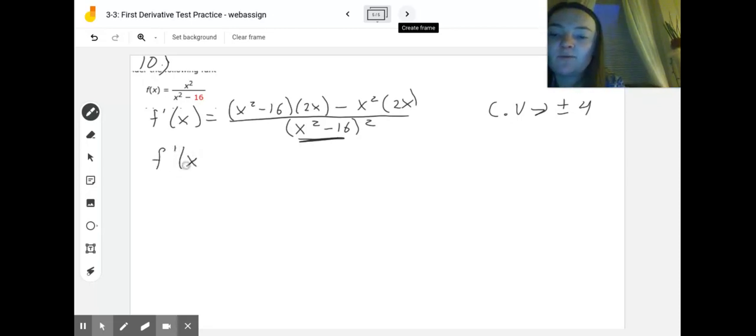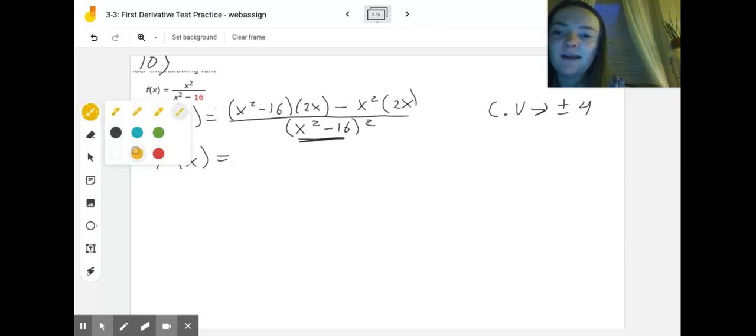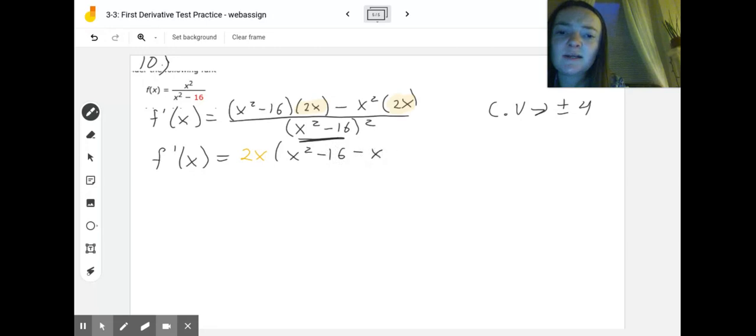All right, so f prime of x, let's go ahead and clean this up a little bit. I get 2x... You know what I could do? I see something kind of fun. I could go ahead and factor a 2x out of this whole thing because I see it on both terms. So I'm going to factor 2x out of the top. What I'm left with is x squared minus 16 minus x squared. Excellent, I'm seeing some canceling.